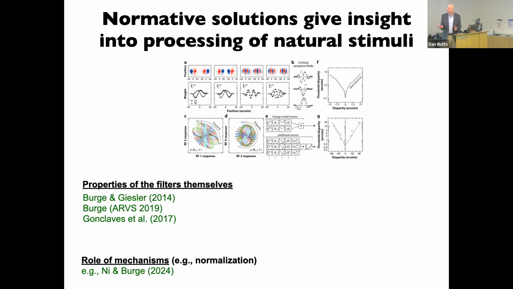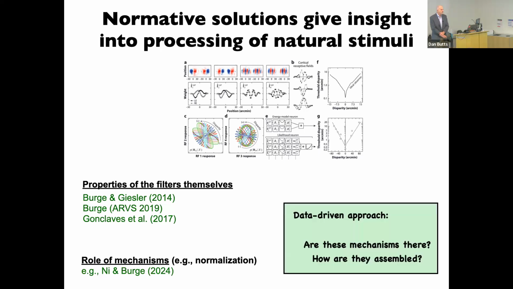And there's been a lot of good normative work suggesting properties of the filters and different properties of disparity processing and cellular processes that are involved. And in some sense, from that perspective, you could view a data-driven approach as trying to both validate these and see how they're assembled in single neurons.